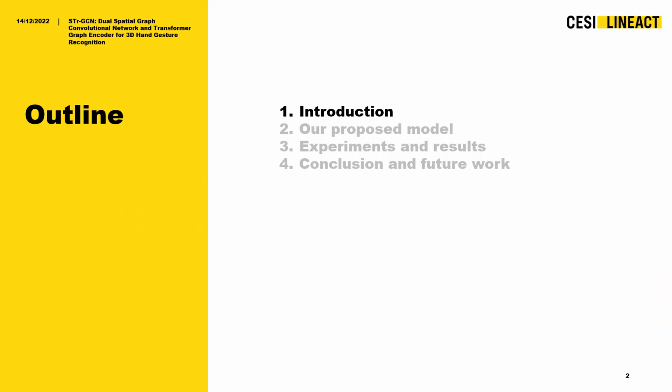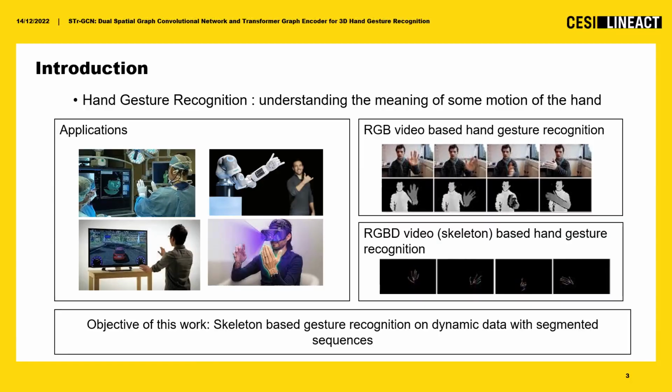And I will start by presenting a brief introduction to this work. So, hand gesture recognition consists of understanding the meaning of some motion of the hand, which changes the way we interact with our environment. And it has many applications in different areas: health, gaming, robotics, virtual reality, and many other areas.